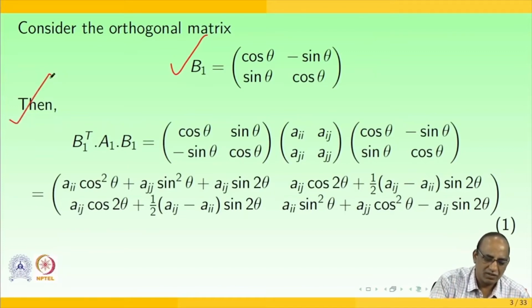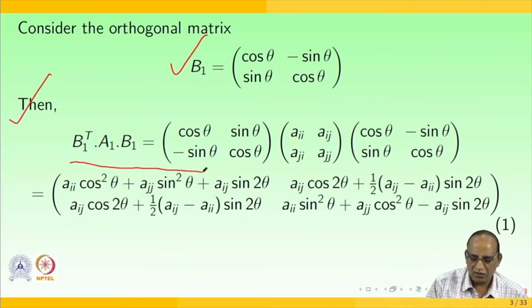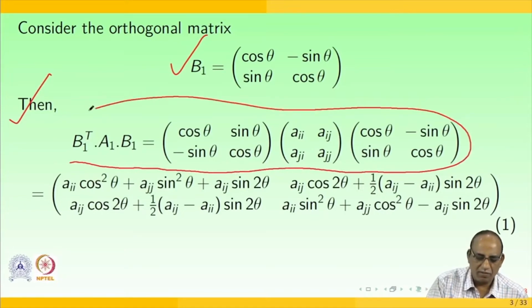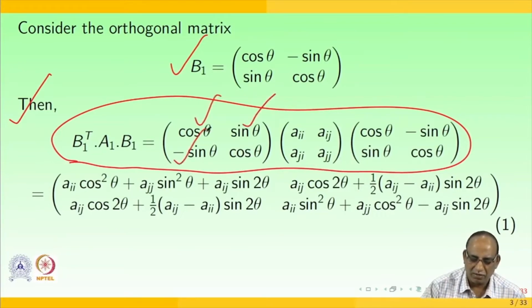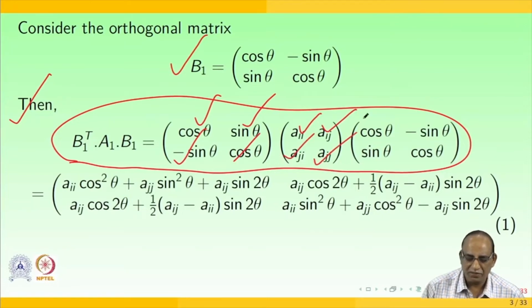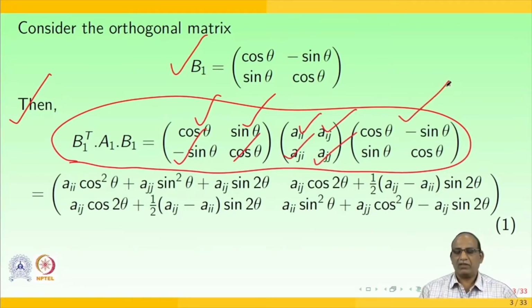Then we will have the matrix B1 transpose A1 B1, which is equivalent to [cos theta, sin theta; minus sin theta, cos theta] multiplied by [AII, AIJ; AJI, AJJ] multiplied with B1, that is [cos theta, minus sin theta; sin theta, cos theta].